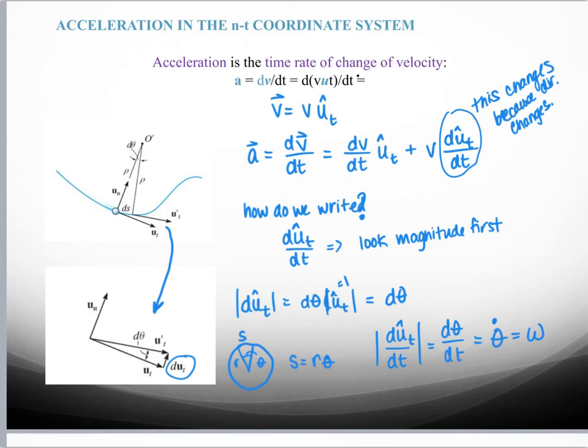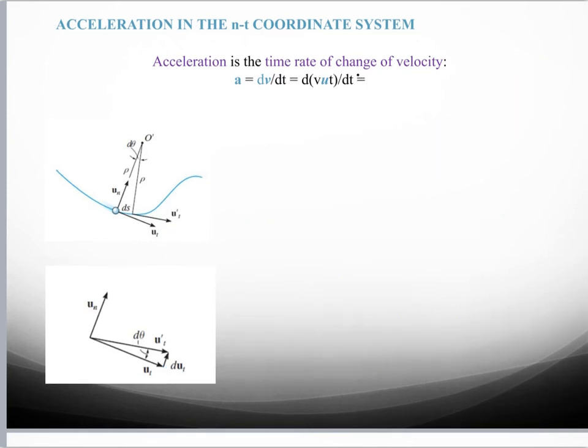Okay, so what we have found so far is our acceleration, which is dv dt times u tangential, plus v times du tangential dt. No, right, I shouldn't be making absolute values of that. That's just times s.